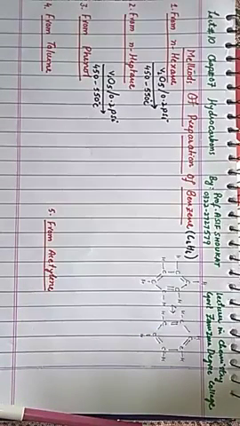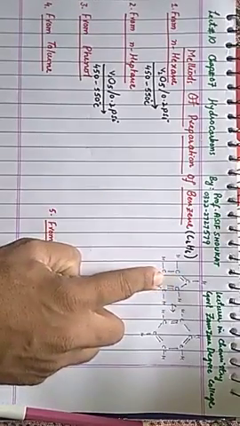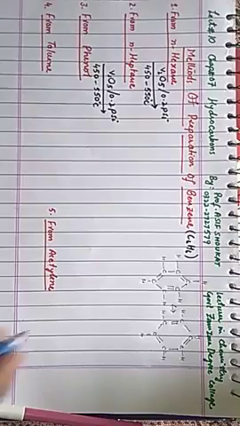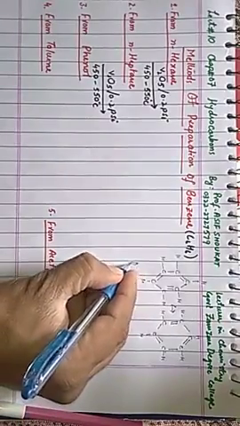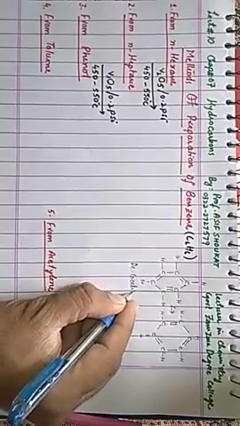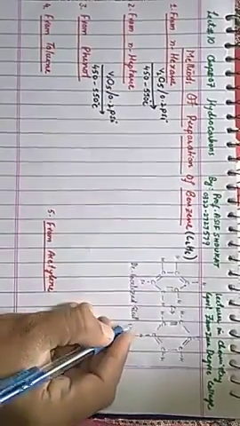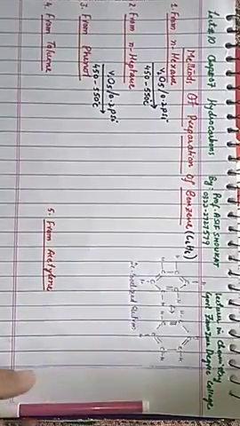Actually, there is a philosophy of scientists that these double bonds are due to delocalized electrons. Delocalized means their position is not fixed, they are continuously moving.